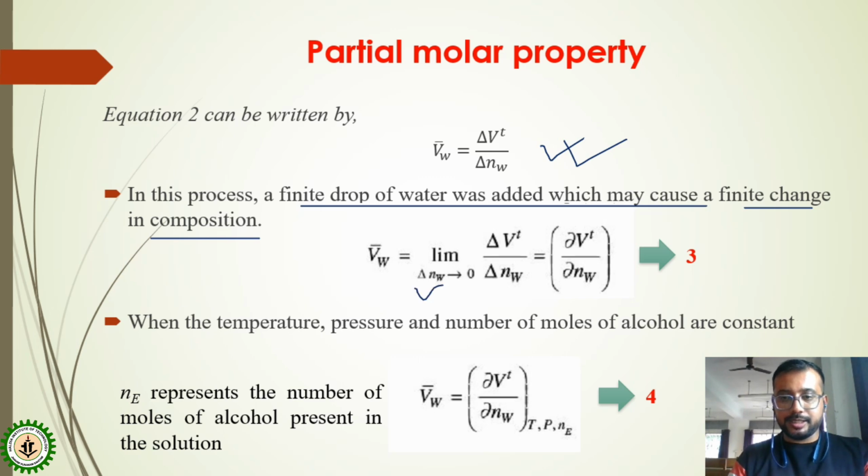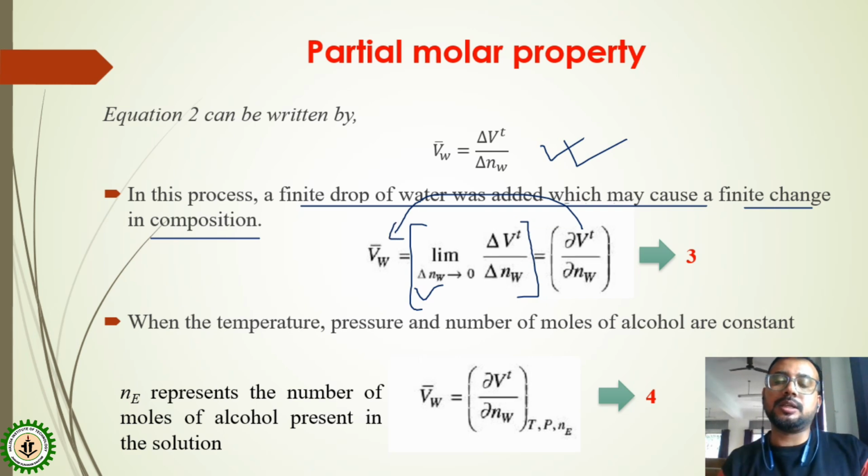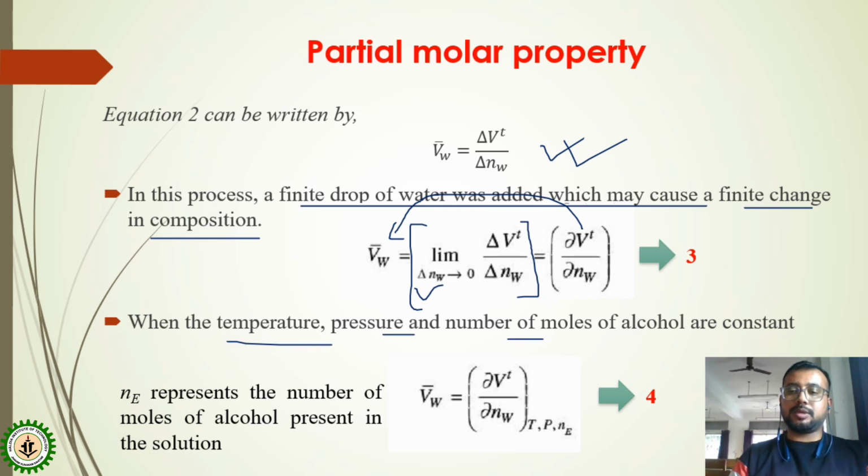This condition can be defined as delta VT by delta NW, which gives the mathematical definition of partial molar volume, when temperature, pressure and number of moles of alcohol are constant.